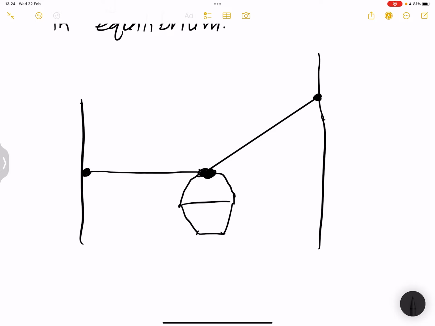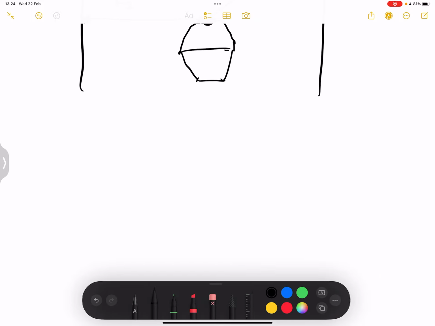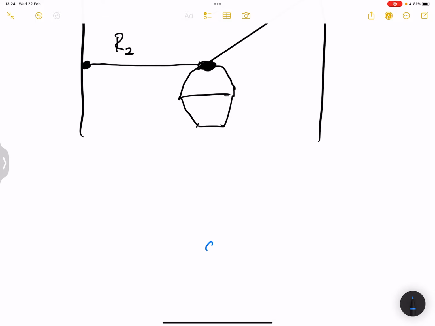Now, how many forces do we have in there? Let's say this is rope 1, and this is rope 2. So how many forces do we have in that particular case? Let's try and draw a free body diagram, showing the forces that are acting here.